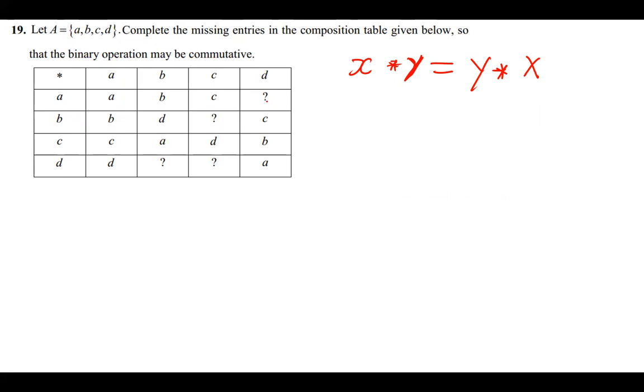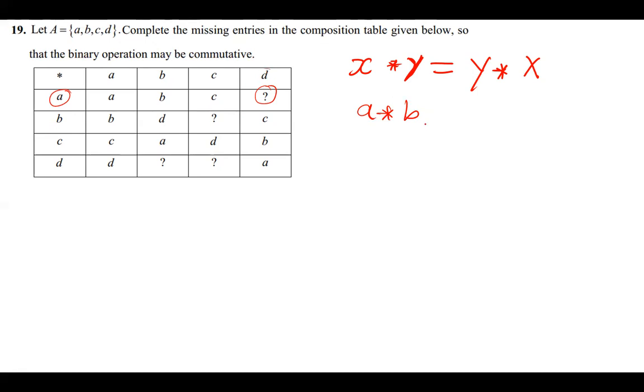So we start with this question mark here. This question mark represents the codomain for A star B. Oh, sorry, not A star B, A star D rather.